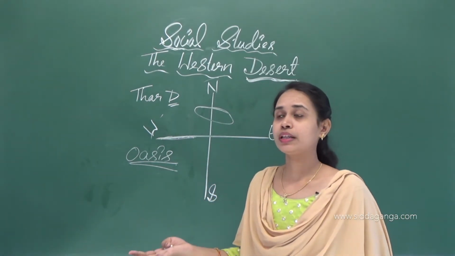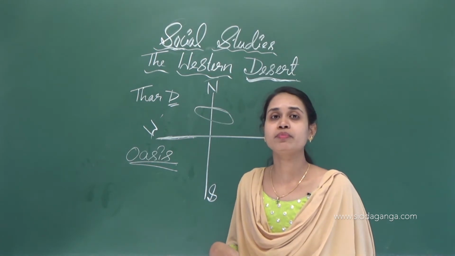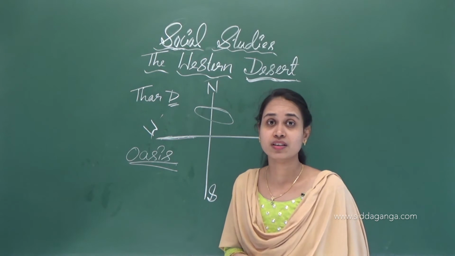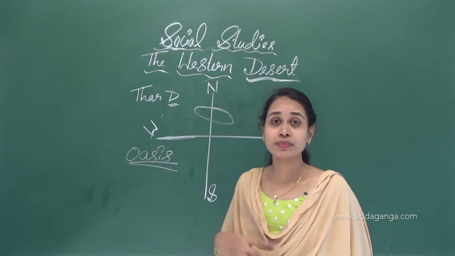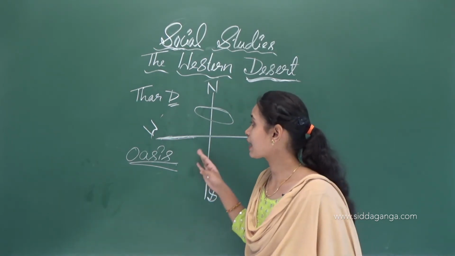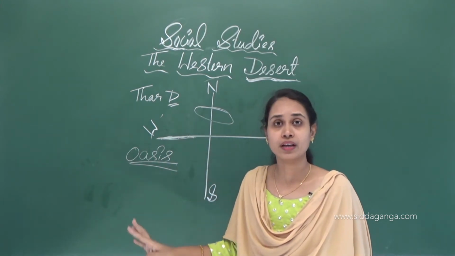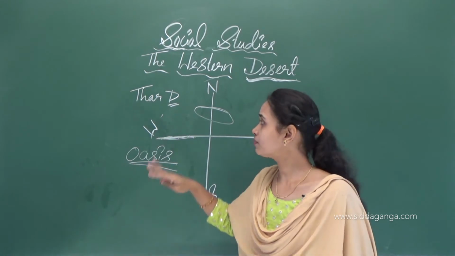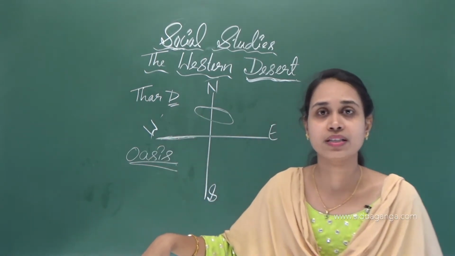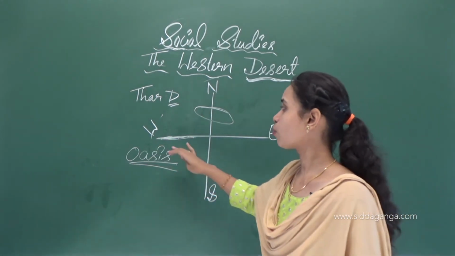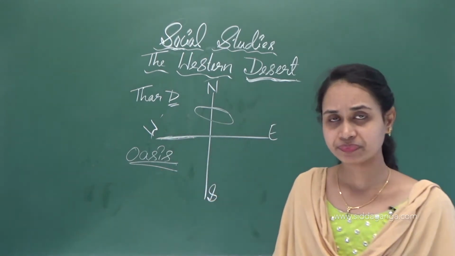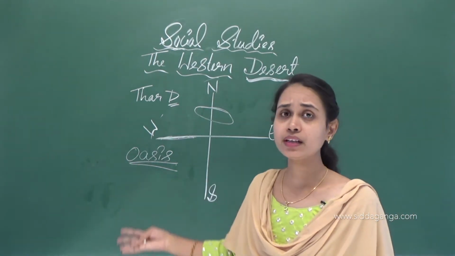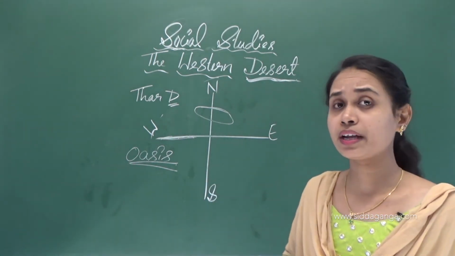If there is a scarcity of water, we can't grow plants, isn't it? It is a big problem for us. So this canal is providing water to Rajasthan. Which canal? The Indira Gandhi canal, through the Satluj river. With the help of this canal, what are the farmers doing?